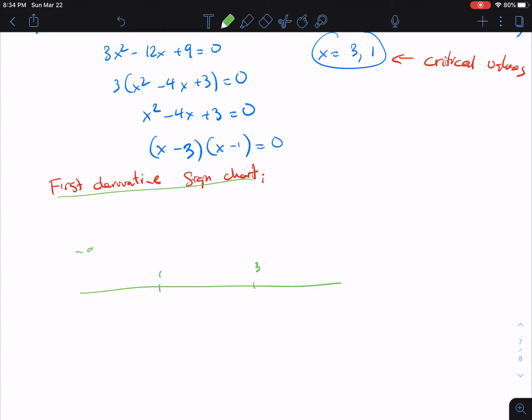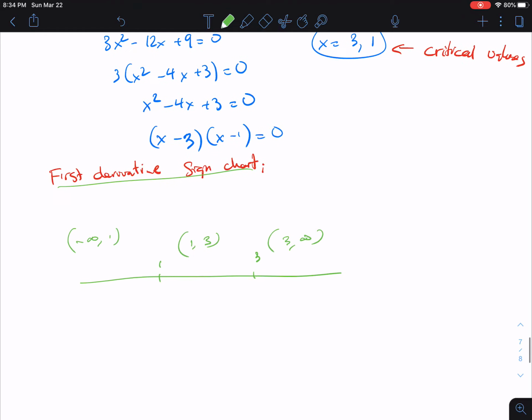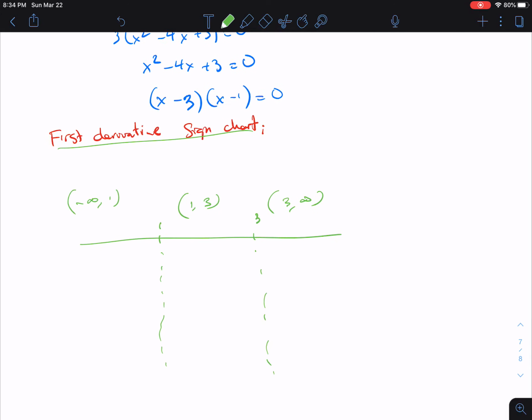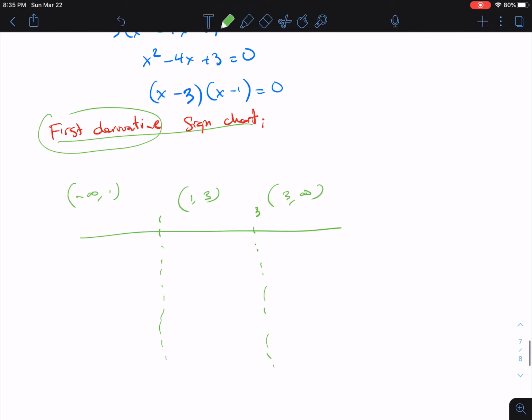So this is from negative infinity to 1 for that region, 1 to 3 for that region, and 3 to infinity. Remember, we pick test points to determine where the function is increasing or decreasing by looking at the signs of the first derivative, hence why it's called a first derivative sign chart. So we pick x equal to 0, x equal to 2, and x equal to 4.